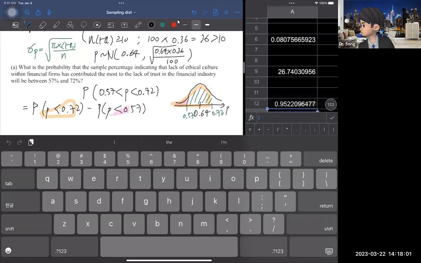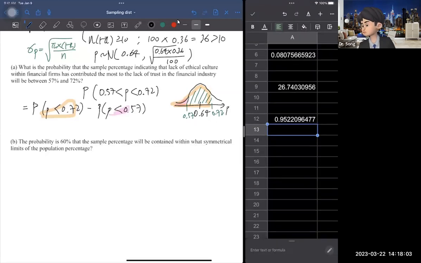So we just calculate from negative infinity to 0.72, given that mean equals 0.64 and standard deviation is that square root thingy, and then we find that it is 0.9522. So the first one is 0.9522.